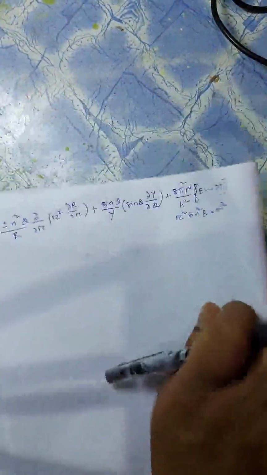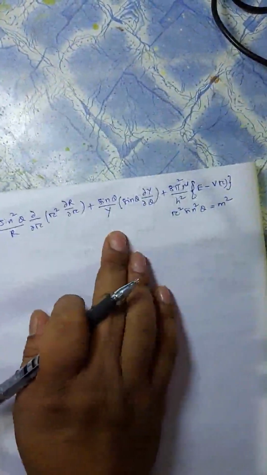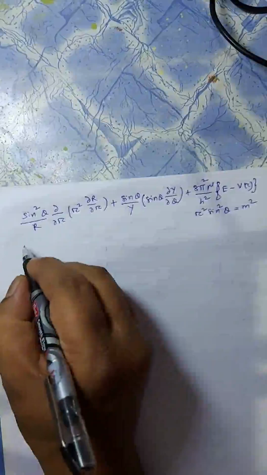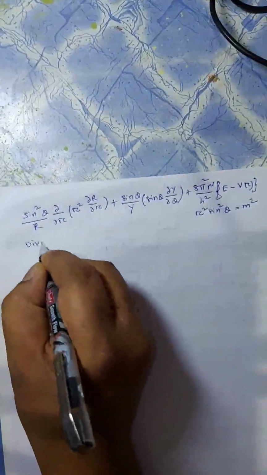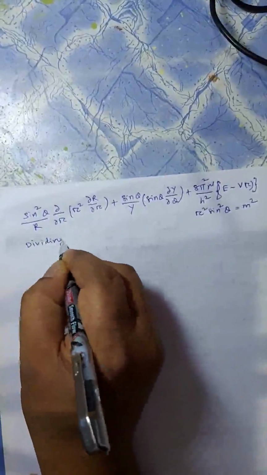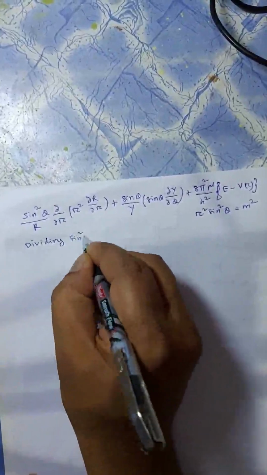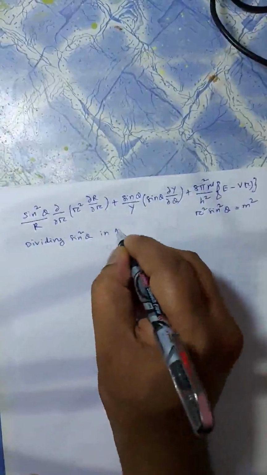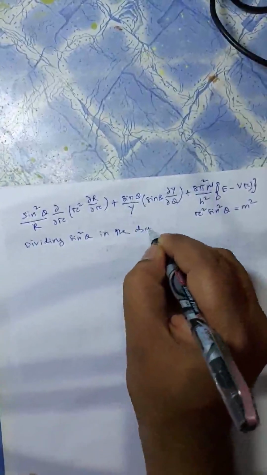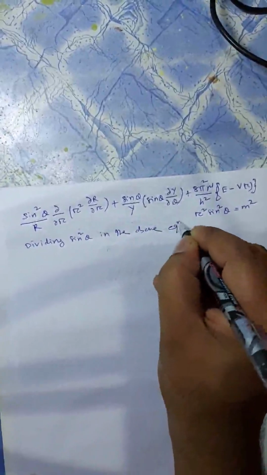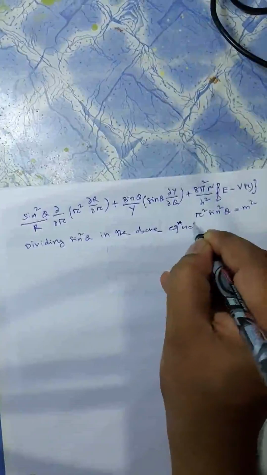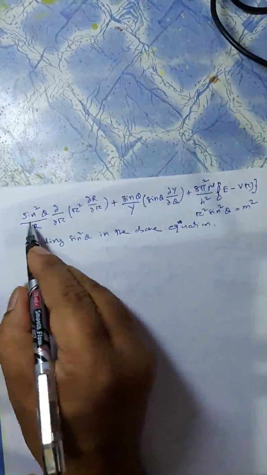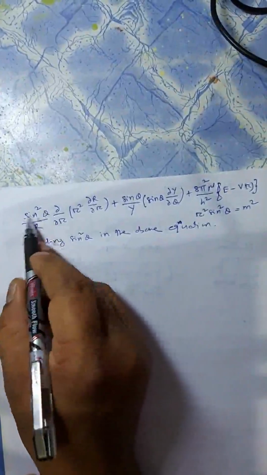So what we do? We divide by sine square theta throughout the equation. Dividing sine square theta in the above equation, this will move away.